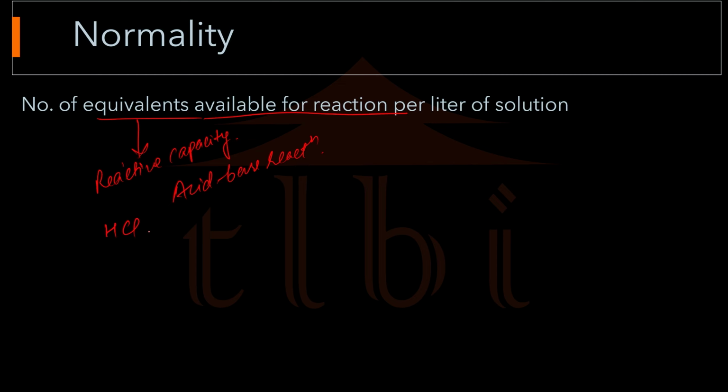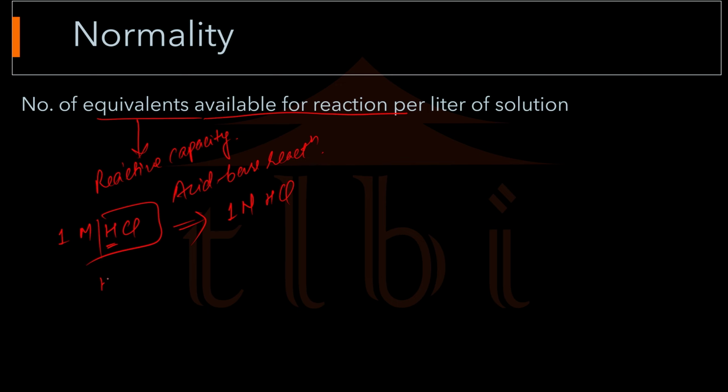So HCl, okay. So if we prepare 1 molar HCl, now reactive capacity means how much H plus ion, acids obviously will give H plus ion. How much H plus ion will be released by this HCl? Well, it will be same as the molar, because each molecule of HCl will give out 1 H plus. So that will be 1 normal HCl.